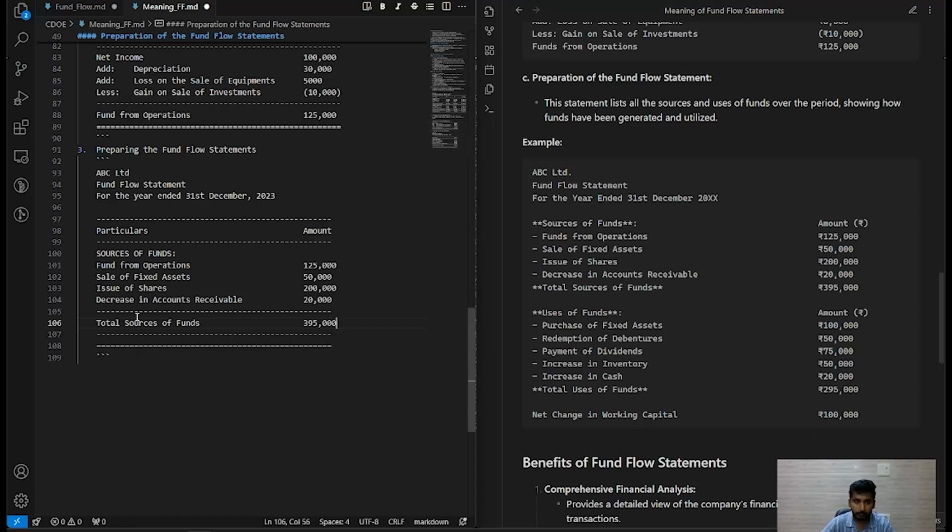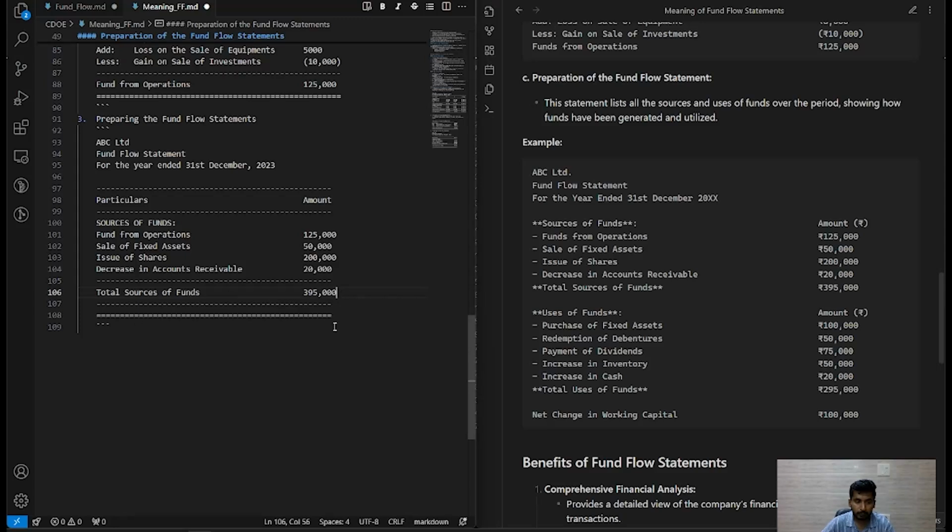Okay. Then sources of funds have been done. Now it is time for uses of funds. Purchase of fixed assets. Redemption of debentures. Payment of dividends.